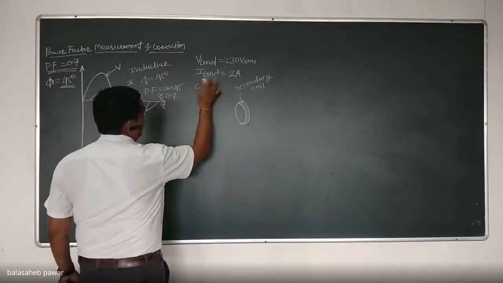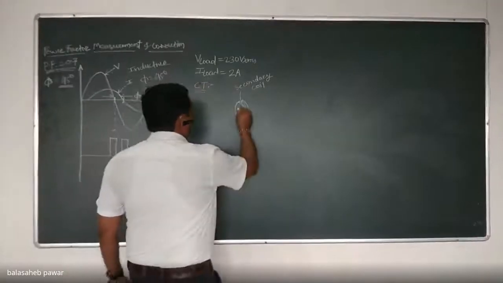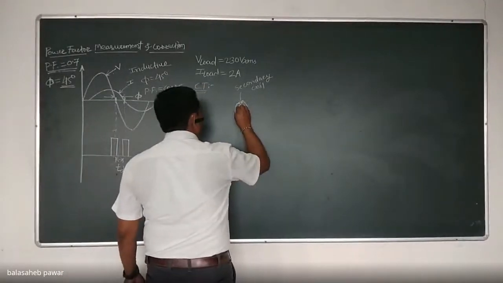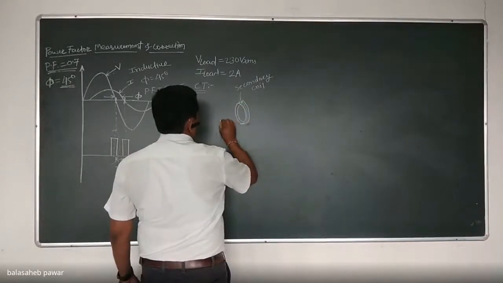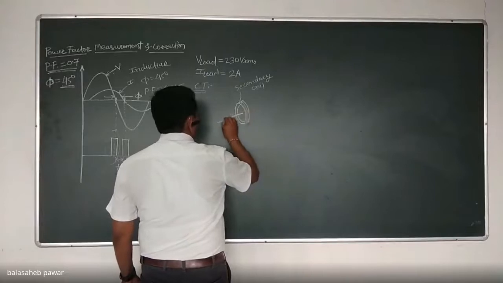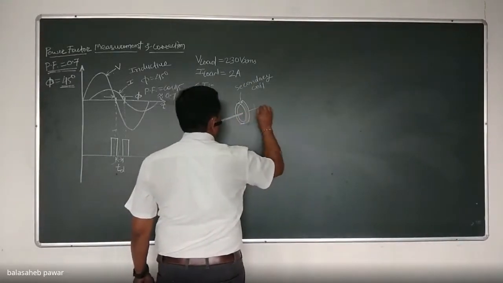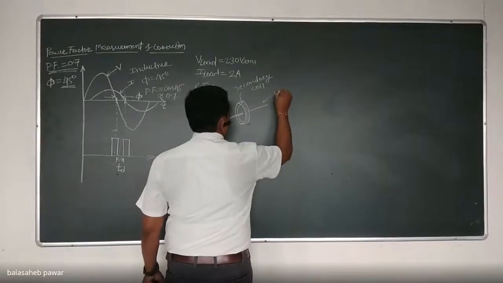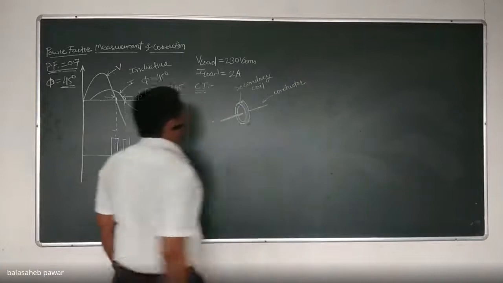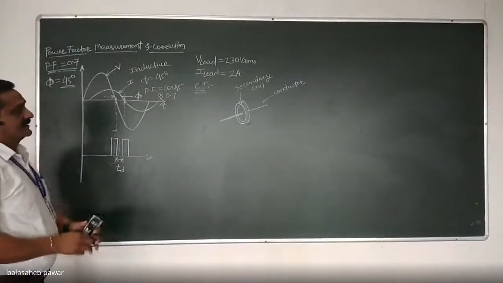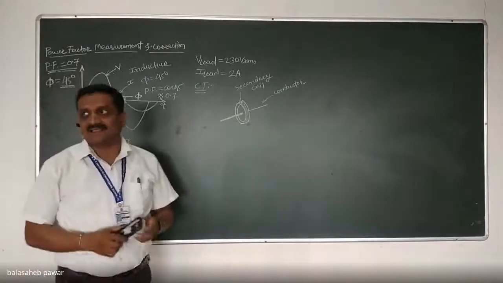CT is nothing but current transformer, okay? And the conductor which is passed through that bobbin, like this, that conductor itself acts as the primary. Is it okay? This is the simple construction of the CT, that is current transformer.